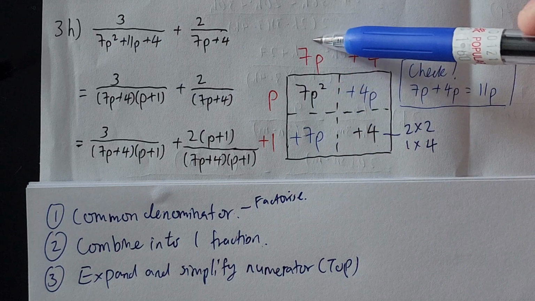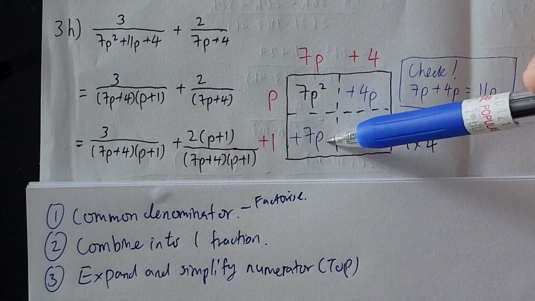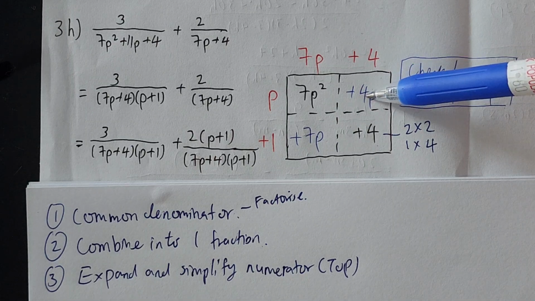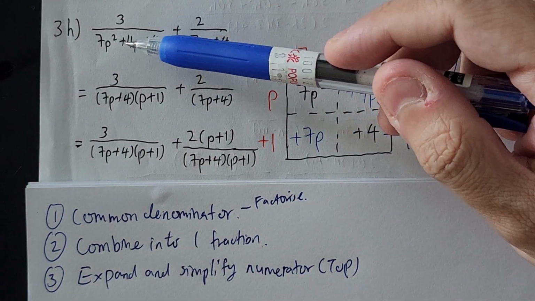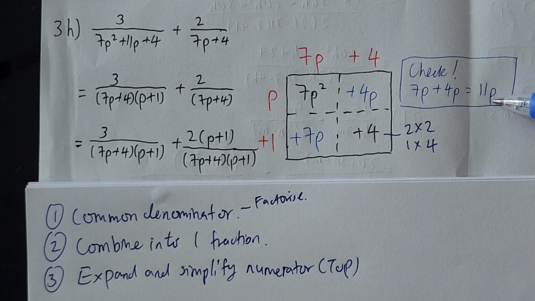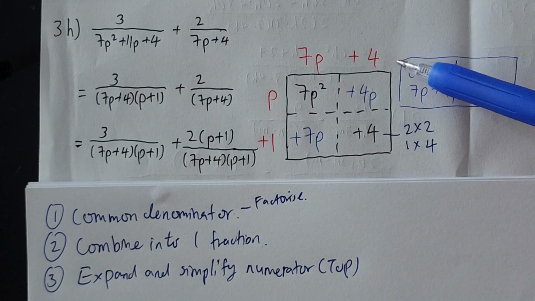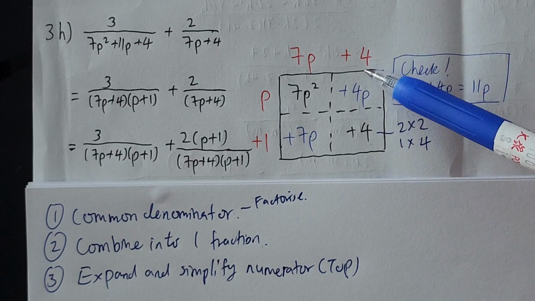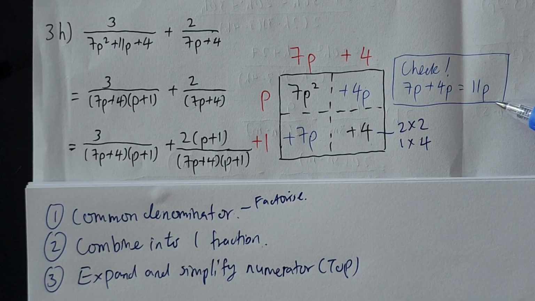If I put it this way, 7p times 1 gives me 7p, and 4 times p gives me 4p. And 4p plus 7p is 11p. So this check is very important. Don't just put in any factor and not do the check. After you put in the factor, you must do the check to see whether it is correct or wrong.